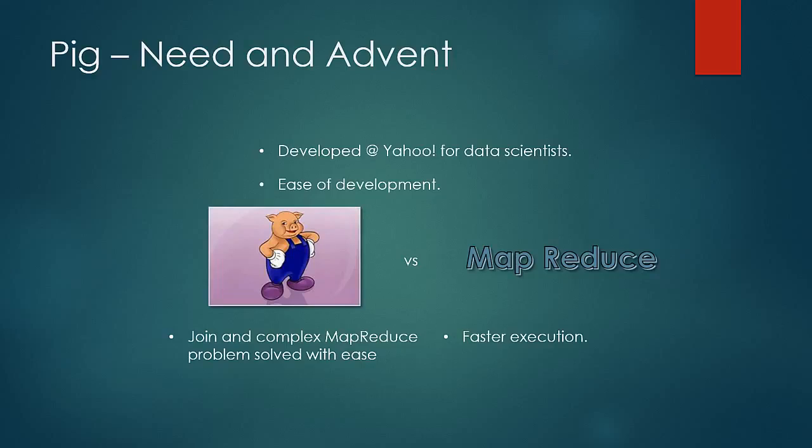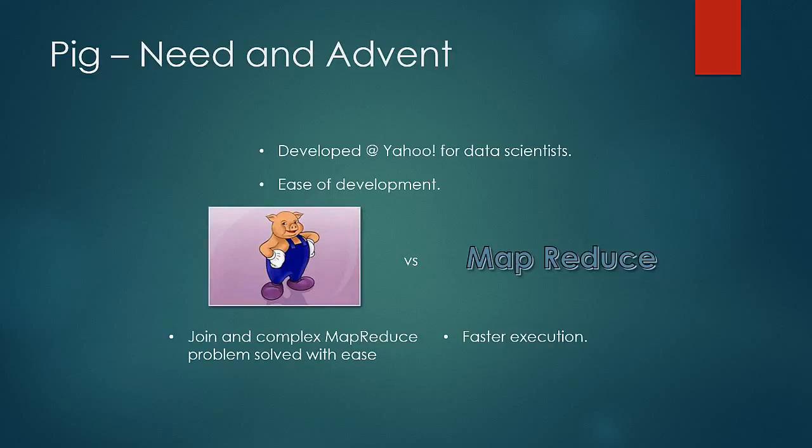Pig scripts or programs are parsed and converted into MapReduce programs, so it should be understood that Pig solutions are not optimized solutions. But with time, the optimization is being worked on and the gap is being closed. Having said that, Pig solutions would be slower than MapReduce solutions, at least for some time in the future.